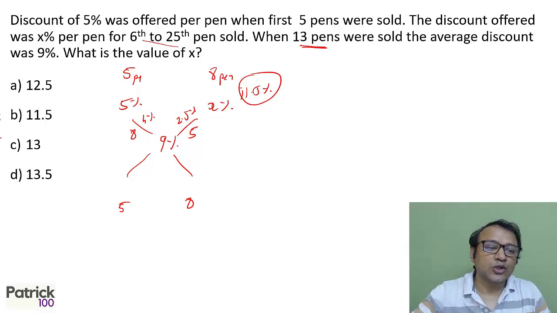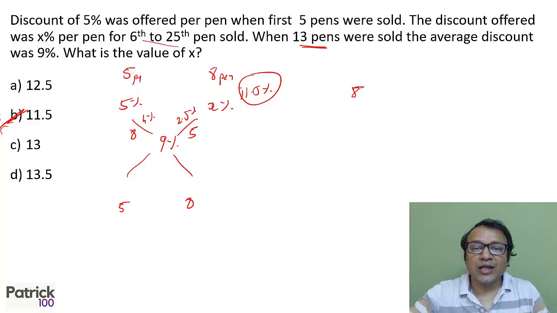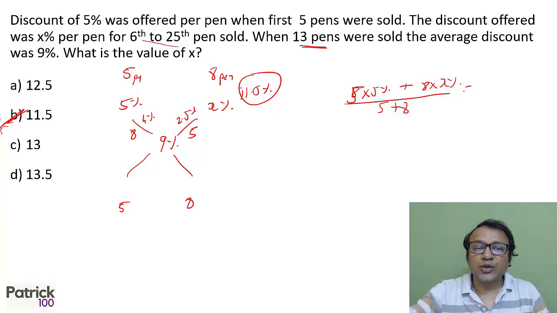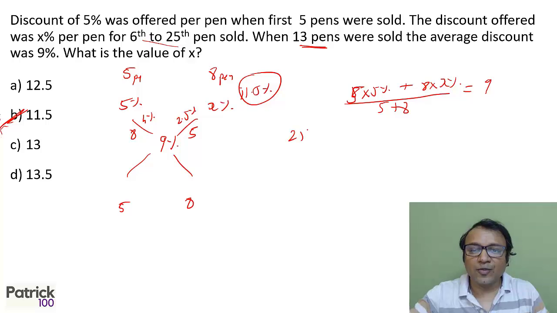B option. You can use the concept of weighted average also here. So basically, a 5% discount was offered per pen for 5 pens. So 5 into 5% plus the remaining 8 pens at X%, divided by 5 plus 8, the weighted average, gives you 9%. So 5 into 5 is 25, plus 8x, is equal to 9 into 13.